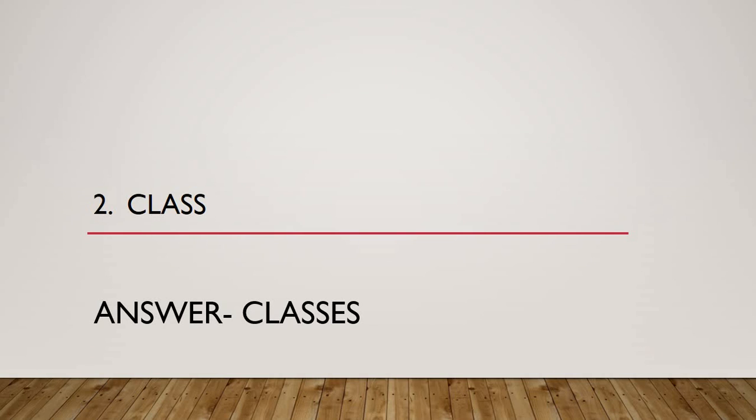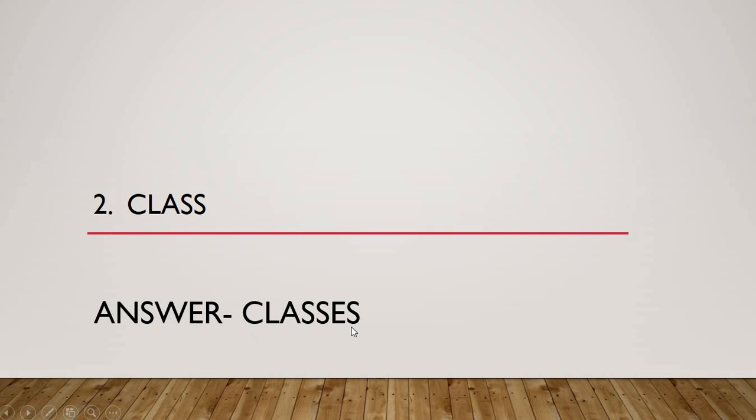Those who were unable to write the correct answer, please repeat after me. Class, classes. One more time. Class, classes. It ends with double S. That is the reason why we have added ES. If you remember the rule, you will be able to make the plural form of any word which I give you, other than the exercise also.